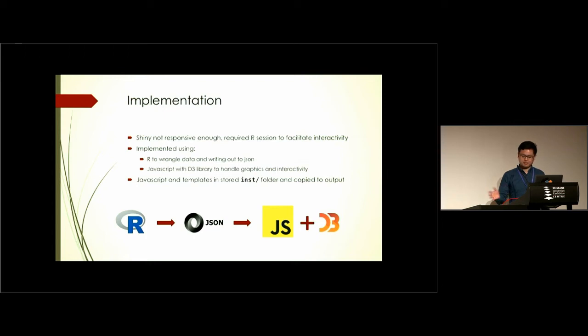When I started looking at this, and I think even today, when you think interactivity in R, you generally reach for Shiny. That seems to be the go-to package for this. But when I first tried it out, it wasn't quite what I wanted, mainly because it requires R to facilitate the interactivity, which meant that it locks up your R session. It's hosting a little web server.